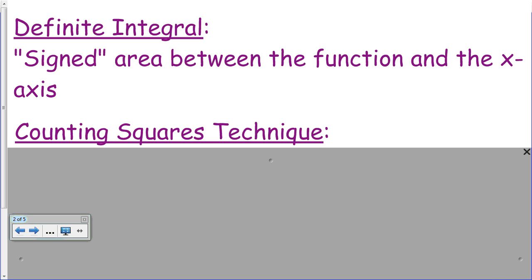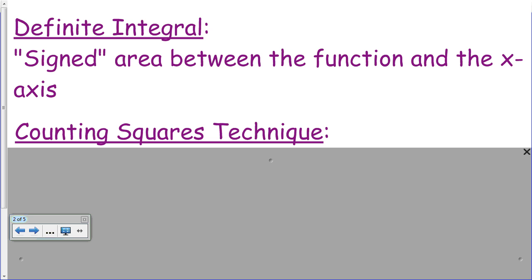All right, with that, knowing that it's area, we just need to remember what exactly this counting squares technique is, and I say remembering it because if you go back to elementary school, when you first were introduced to this idea of finding area or calculating area, you were probably given some nice geometric figure, probably a square or a rectangle to start off with, and you were given some grid or graph paper to put that geometric figure on, and then count up how many squares were inside of that geometric figure.